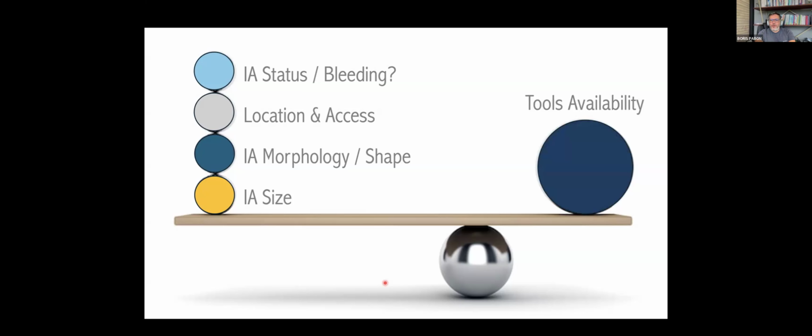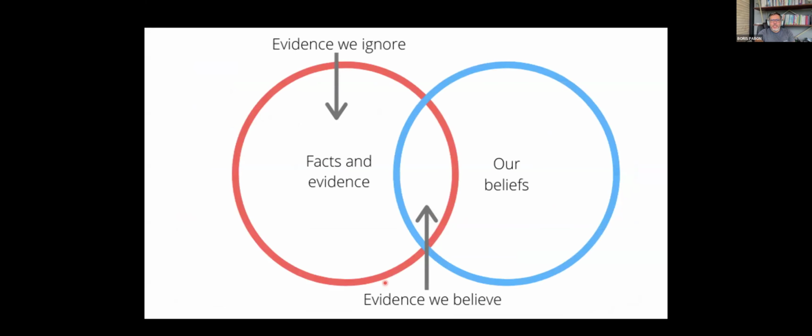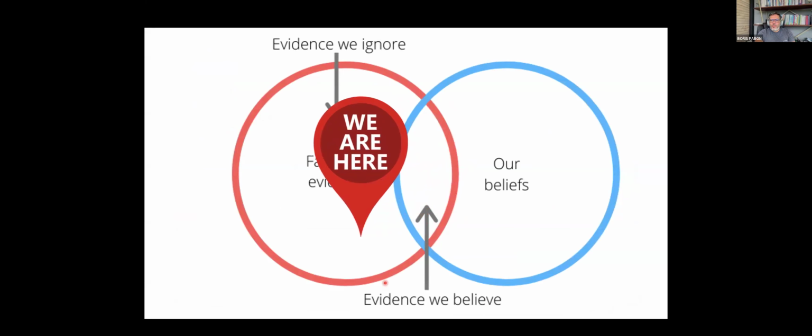But the idea is to check all your stock, your tools availability, and of course, all the previous points with a great basis, and thanks to your knowledge and experience, trying to move this imbalance not to your beliefs, but more to the science.